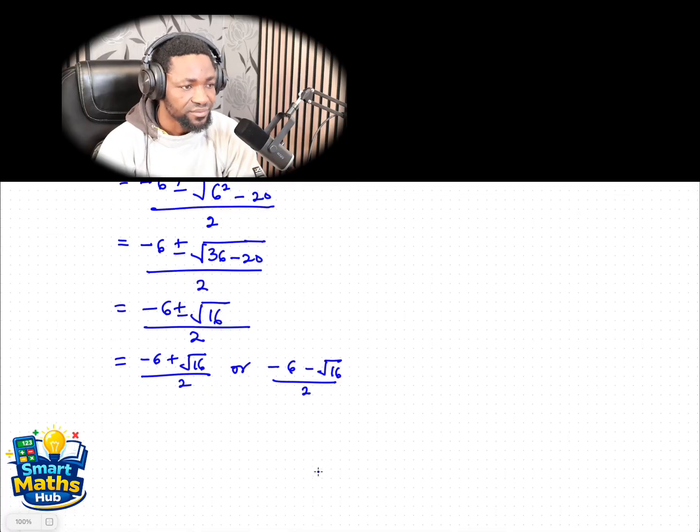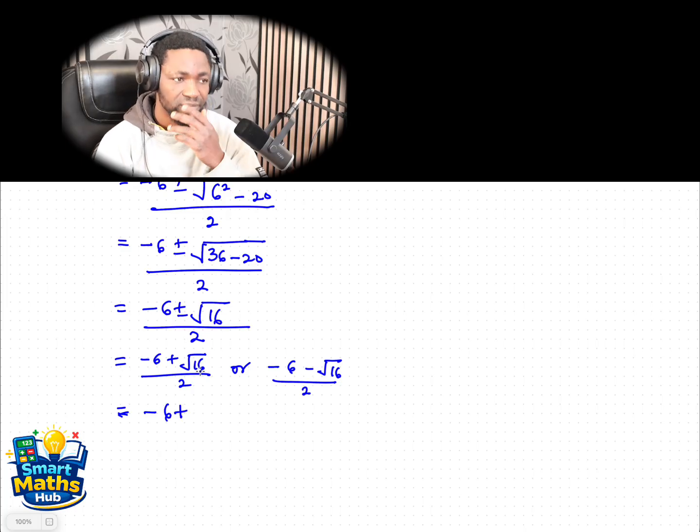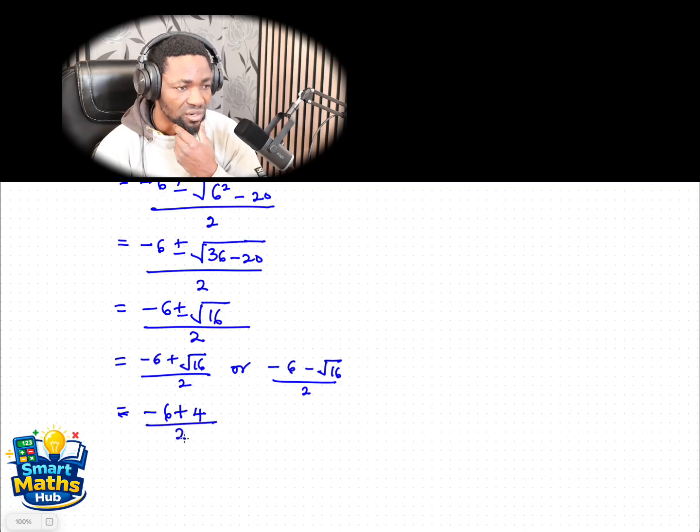So we have minus 6 plus, what's the square root of 16? The square root of 16 should be 4. So 4 divided by 2, or minus 6 minus 4 divided by 2.